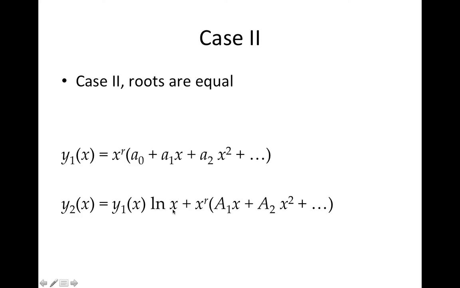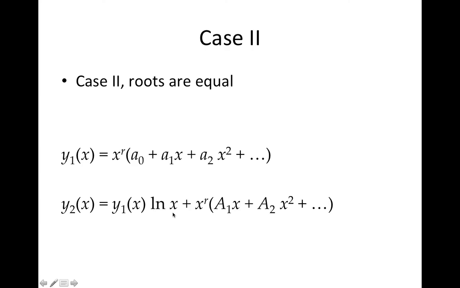So this is very similar to the case where we had repeated roots when we had a solution of the form e to the lambda x. And when we had multiple roots, we had to take our solution and multiply it by x. Here we're multiplying our solution by the natural log of x to obtain a second linearly independent solution.